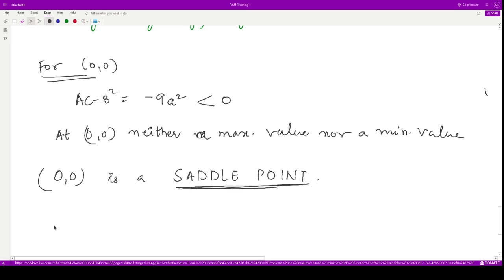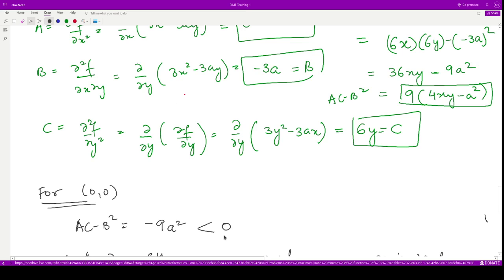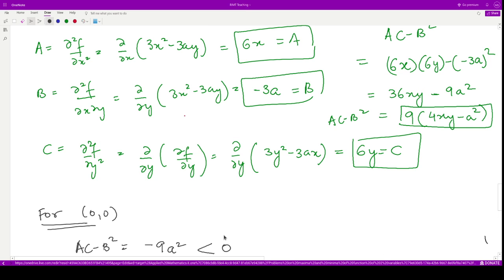Now for the point (a, a), we'll check the value of ac minus b square. Now your ac minus b square, what was that? 9 into 4xy minus a square.